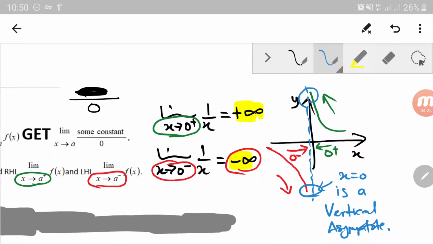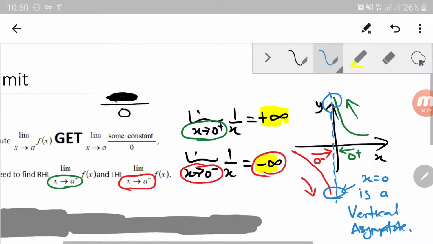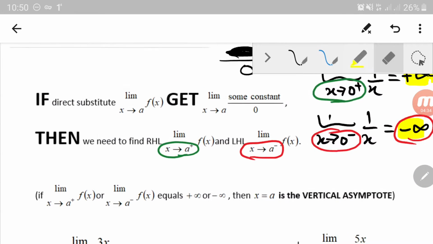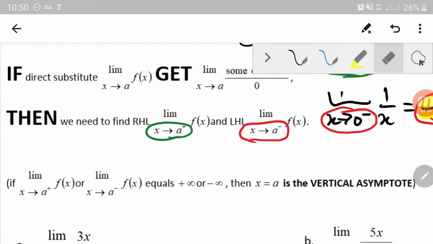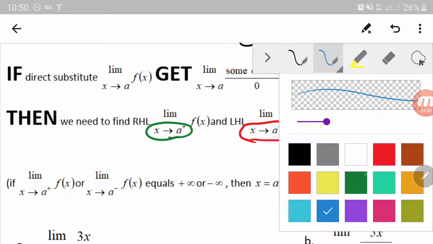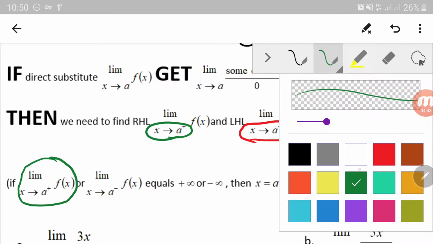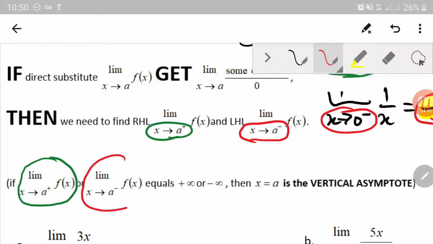So from finding the infinite limit of a function, we can get the vertical asymptote. If the limit of f(x) as x approaches a from the right, or from the left, equals positive infinity or negative infinity, it doesn't matter really, then x equals a is the vertical asymptote.